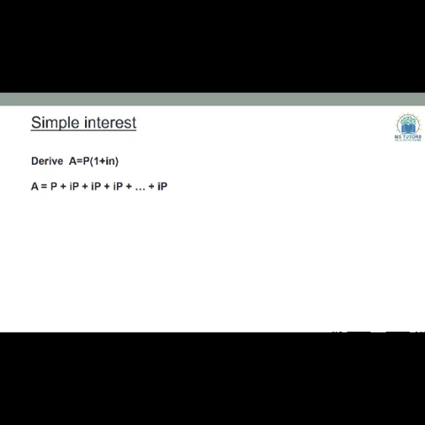Plus the interest that you earned for the first year, which is IP, plus the interest that you earned for the second year, which is another IP, because for simple interest, the interest that you earn each year is fixed, right? So it's plus another I times P, which is the interest for the third year. So you keep on adding those IPs up until the nth IP, which is the interest earned on year n, right?